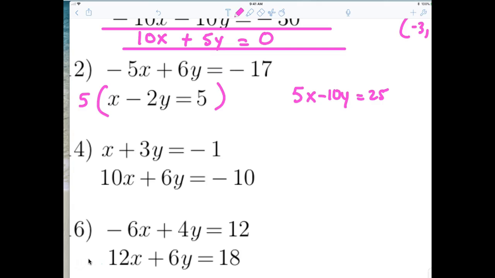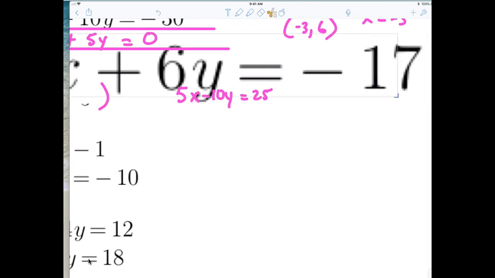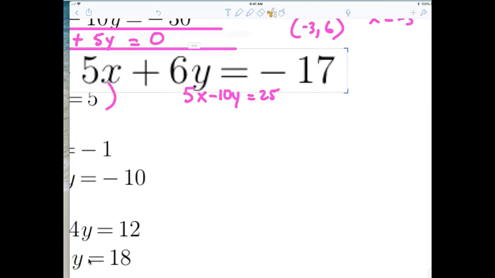Okay, now what I want you to visualize is I'm going to move this over on top, because I think it's important.